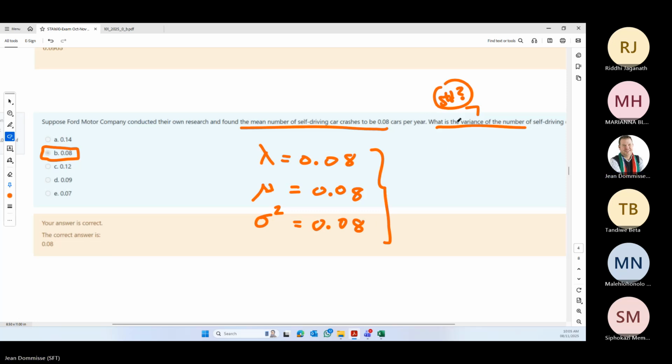One quickly forgets the rule is mean, lambda and variance are the same, but if they throw in standard deviation you might then still pick the 0.08. So just be very careful that you don't make that mistake.